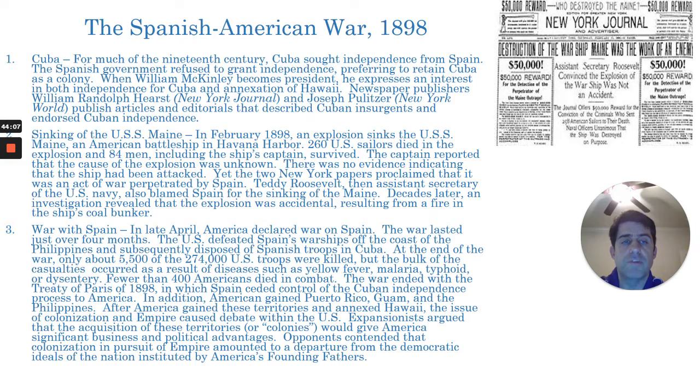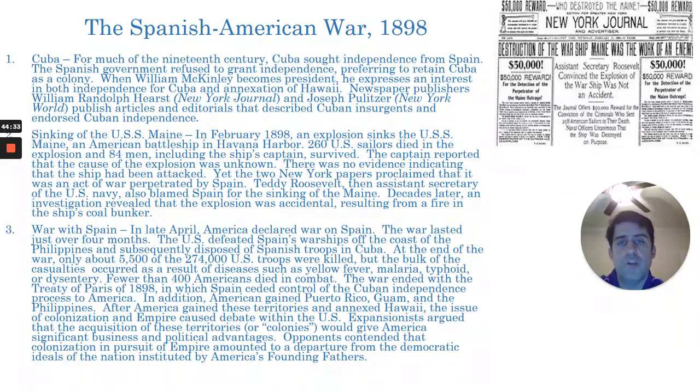It's equivalent to about $1.575 million in 2021 American money. So that is a very large amount of money for a reward. And that's how serious William Randolph Hearst and his company was in trying to find out what happened with the Maine. They believed it was the work of an enemy.